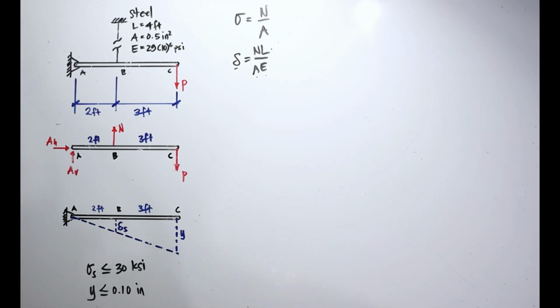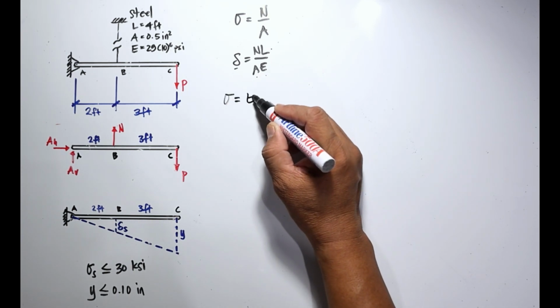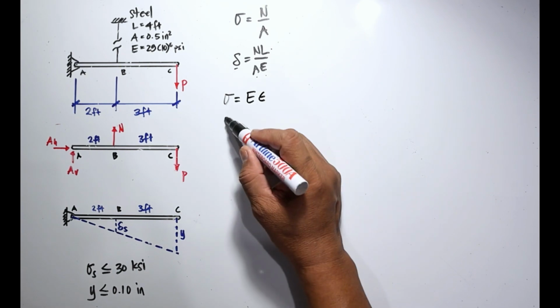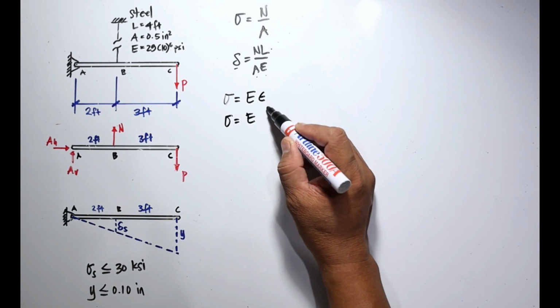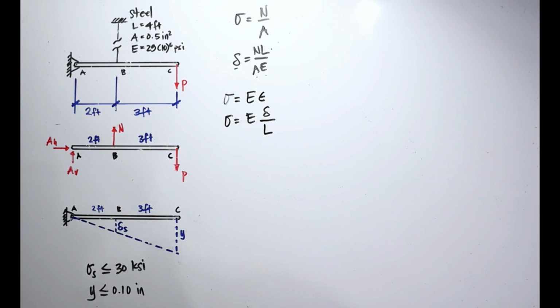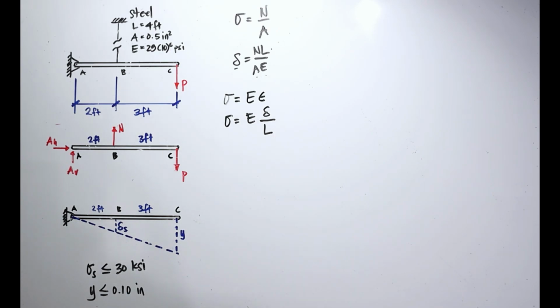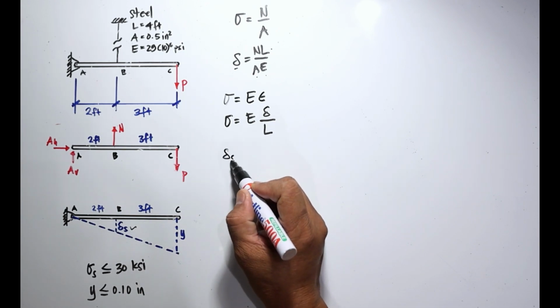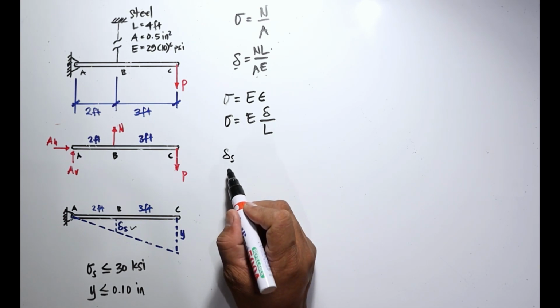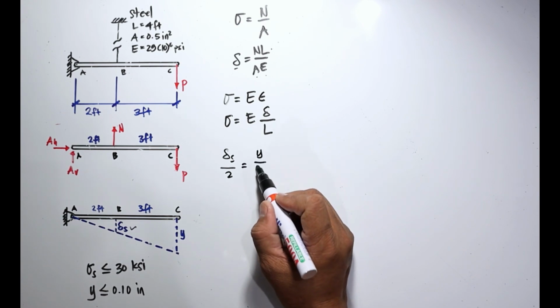So that's one solution. Another solution would be to use Hooke's law, which is stress equals modulus of elasticity times strain, where strain is delta over L. So we have a relation between stress and the deformation. Let us solve for delta S first. Delta S by ratio and proportion: delta S over 2 equals y over 5.